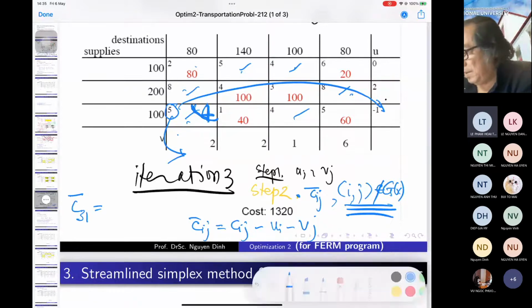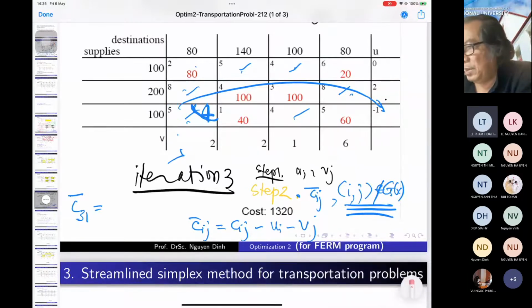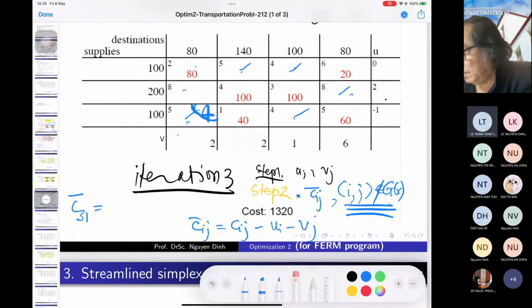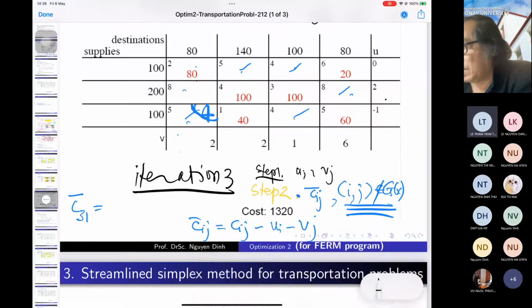And so I delete the hints I gave you. And so now, this C bar 2,1 is equal to what?